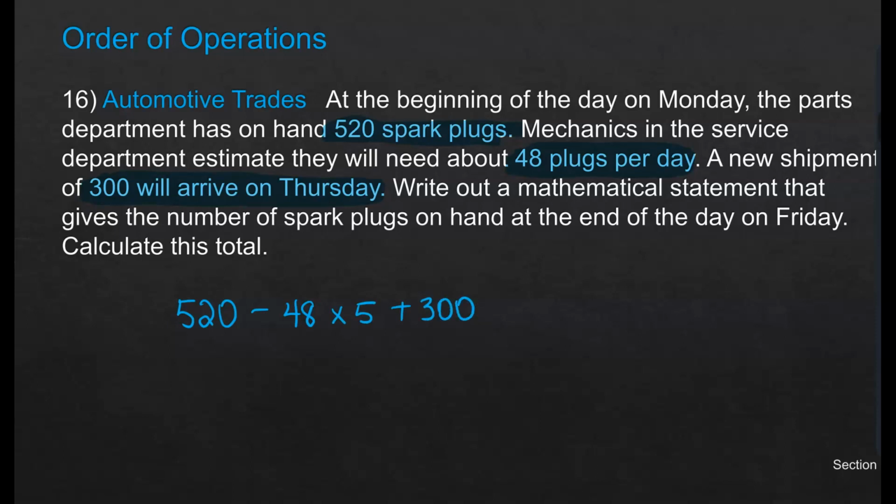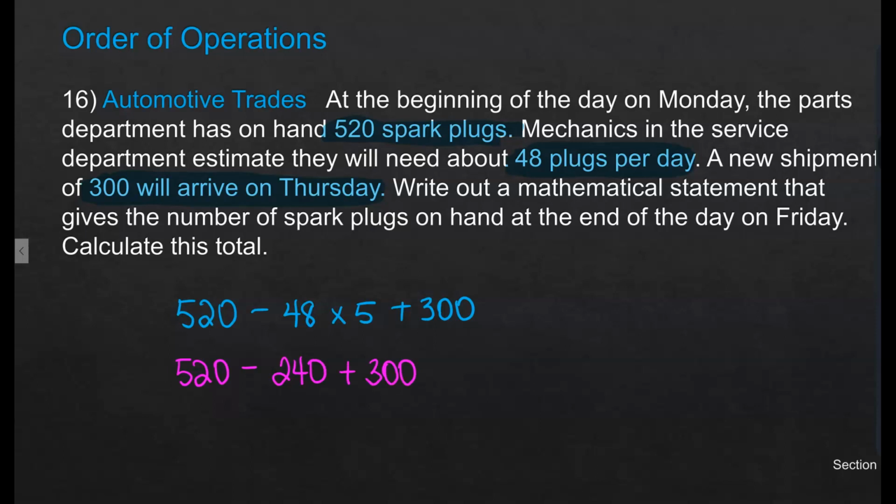Now, you can, if you want to, put parentheses here. It's perfectly fine to do that, but we're going to multiply first anyway, right? So we're going to go ahead and say 520 minus 240 plus 300.